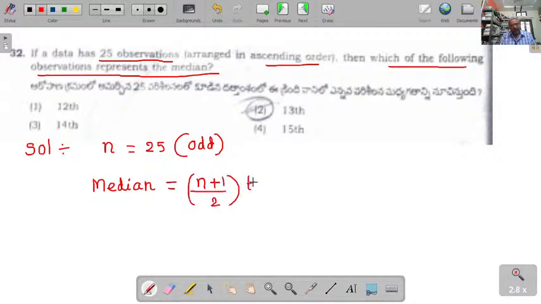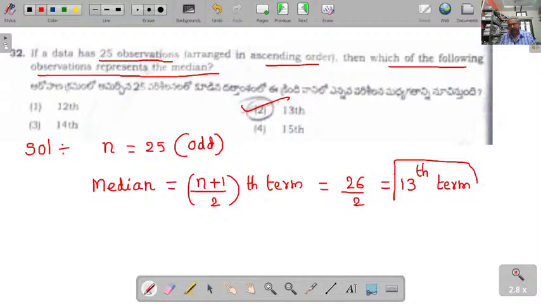In the place of n substitute 25: 25 plus 1 is 26, by 2, that is 13th. So the 13th position, or 13th observation, is the median. So the second option is the right option. We just need to find the position itself.